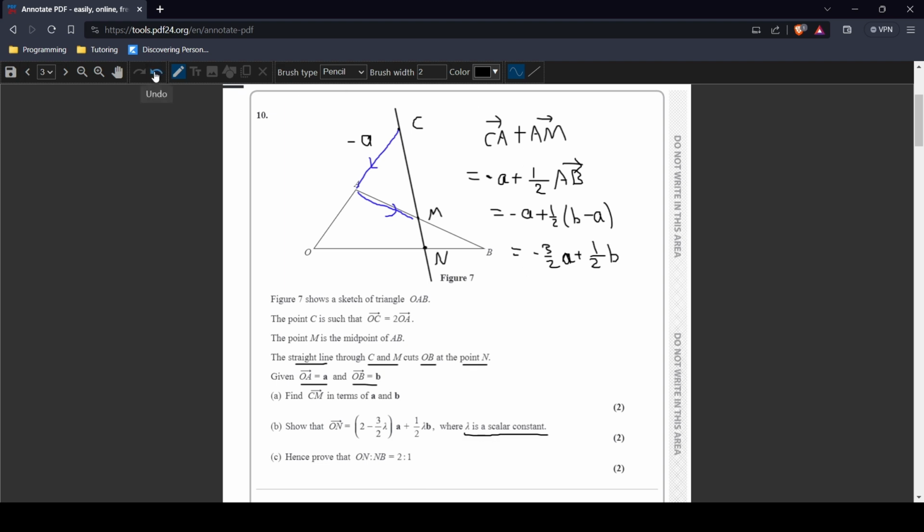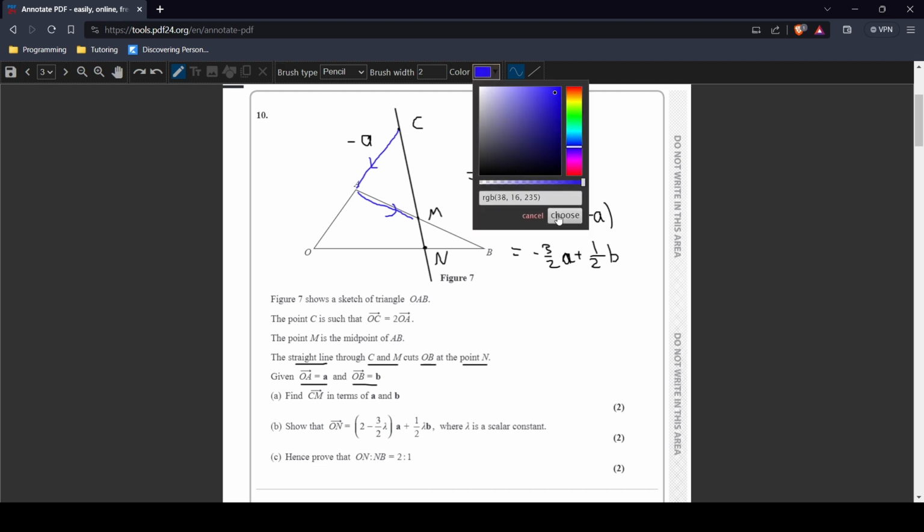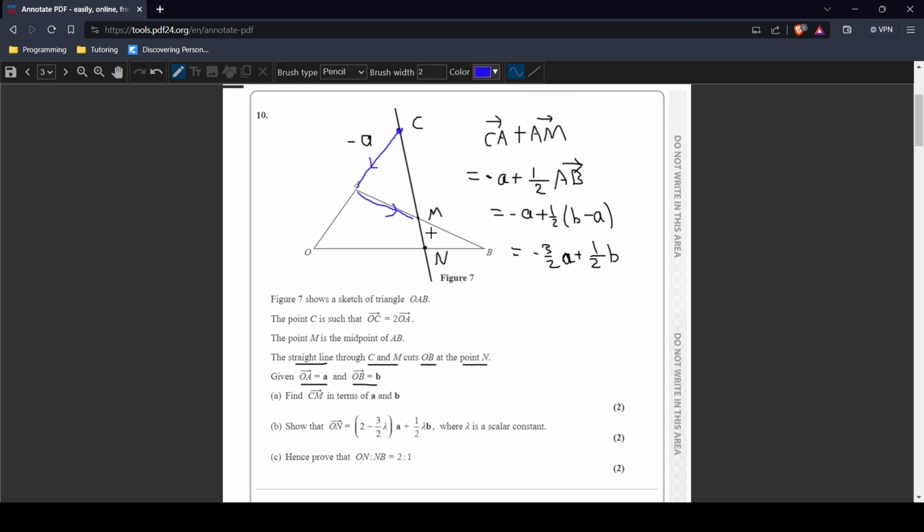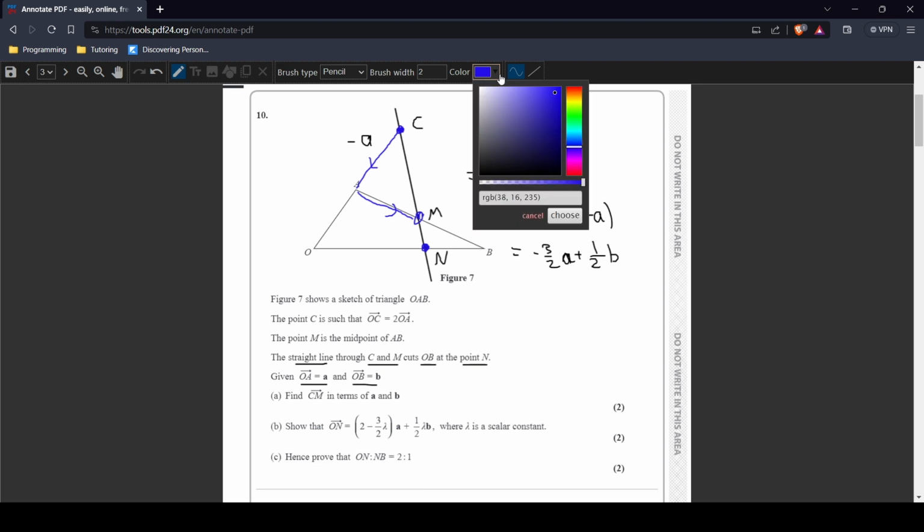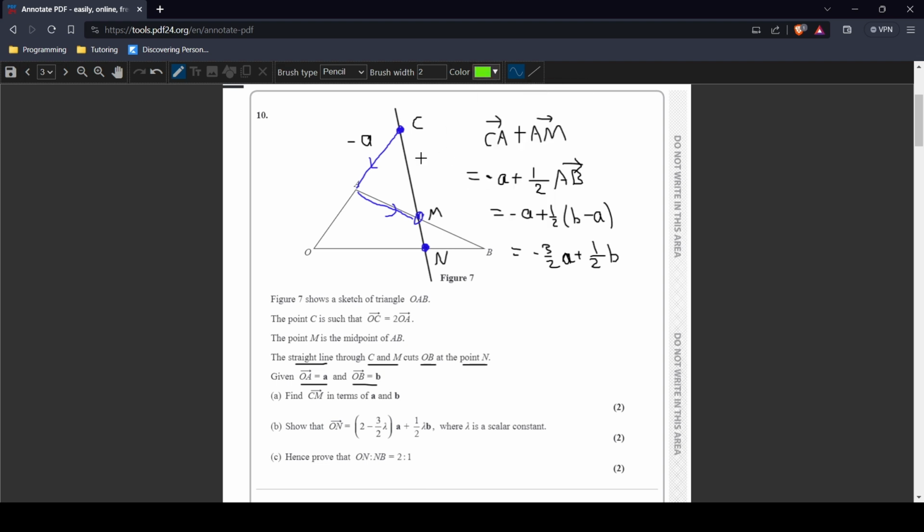So this introduction of a scalar constant lambda hints that we need to somehow use the fact that the points C, M, and N all lie on the same straight line. Because then the vector CN is just a multiple of the vector CM, simply because they lie on the same straight line.